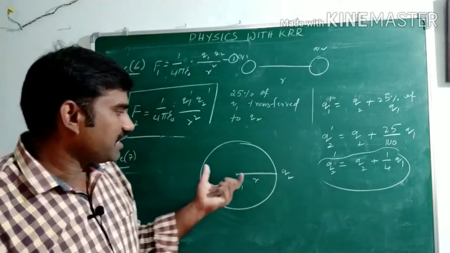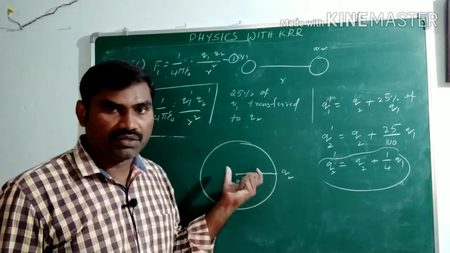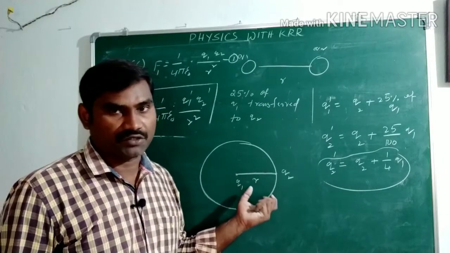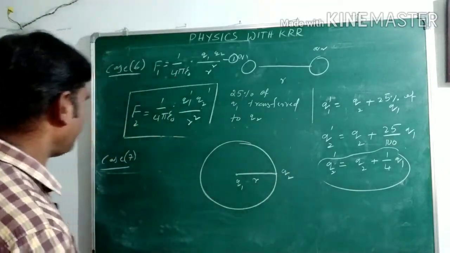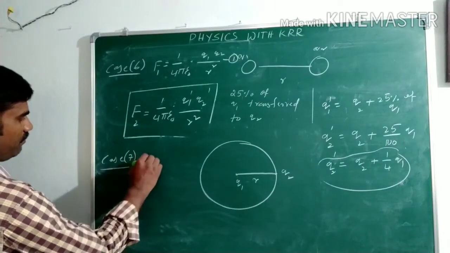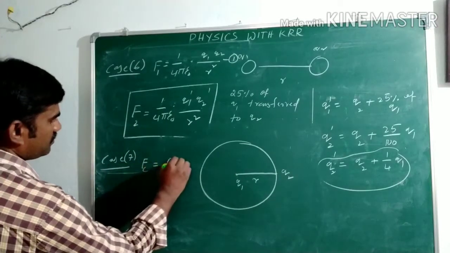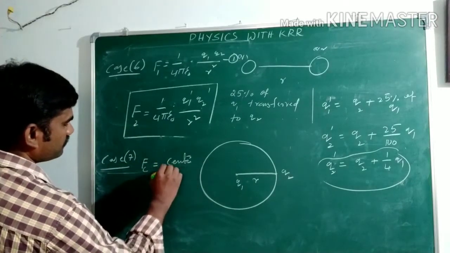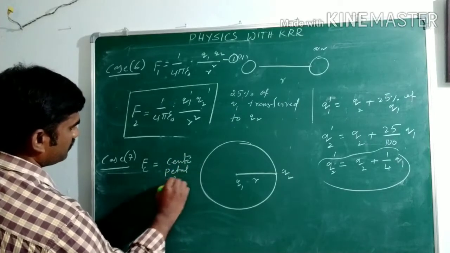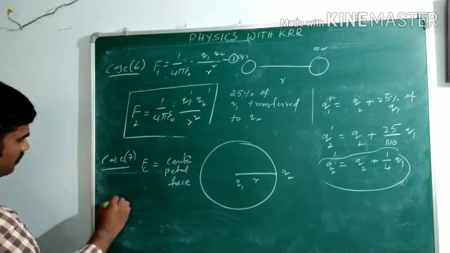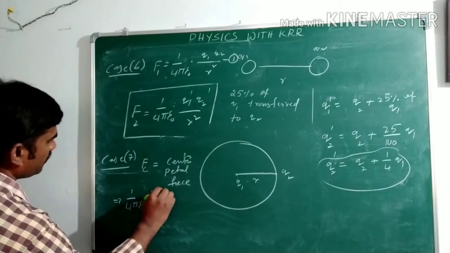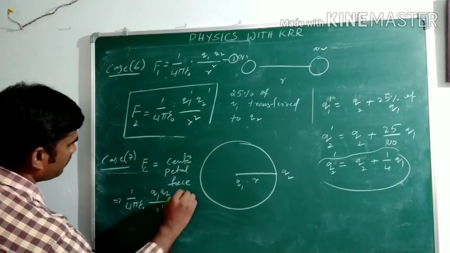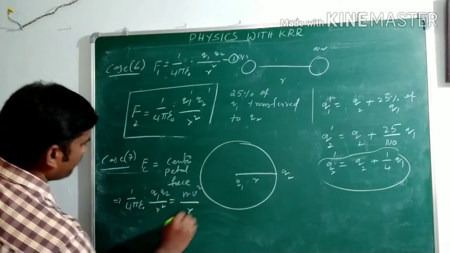So the electrostatic force between the two charges provides the necessary centripetal force for the revolving of the charge. Now Coulombic force will be equal to centripetal force. What is the Coulomb force? 1 by 4 pi epsilon naught Q1 Q2 by r square will be equal to m v square by r.